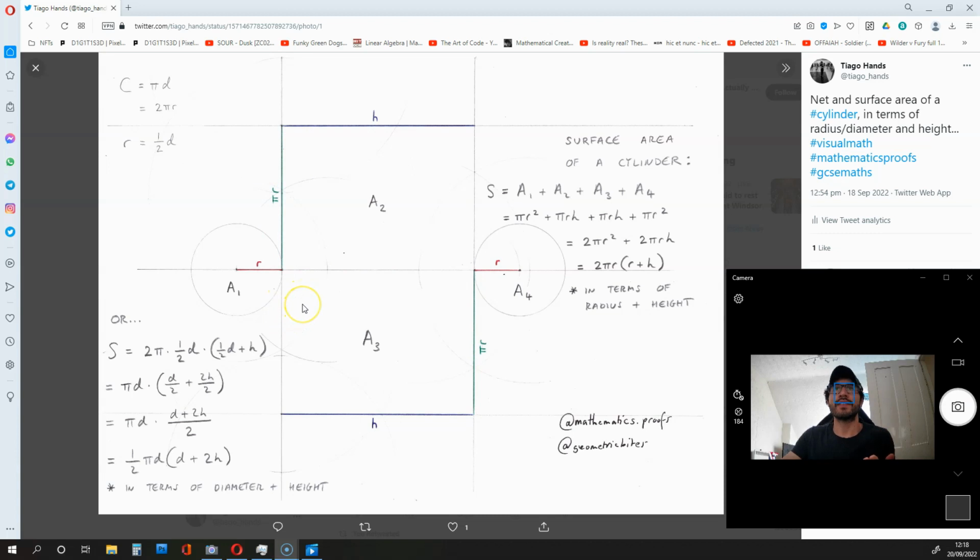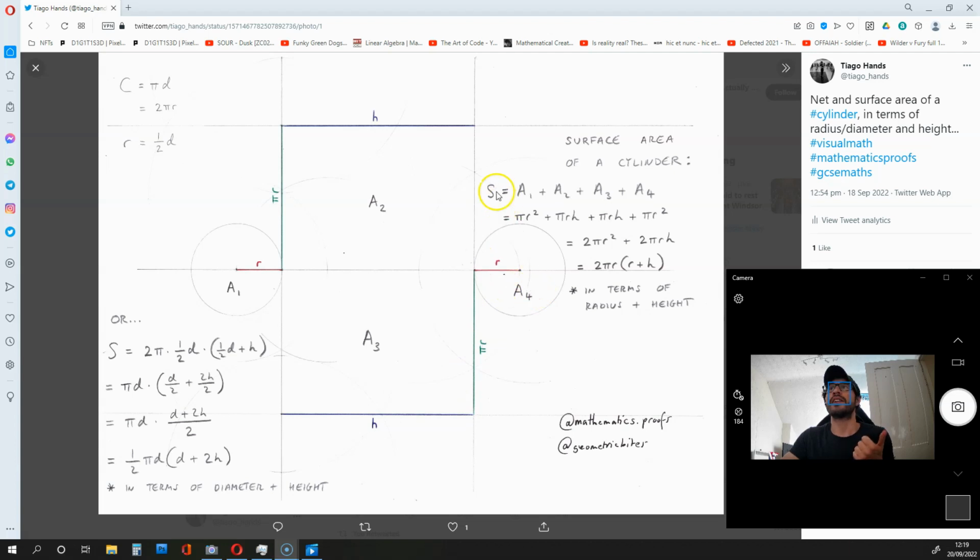So what's the surface area of a cylinder going to consist of? Well, it's going to consist of the area A1, which is pi r squared, the area A2, which is pi r times h, the height of the cylinder, A3, which is pi r times h, and A4, which is pi r squared.